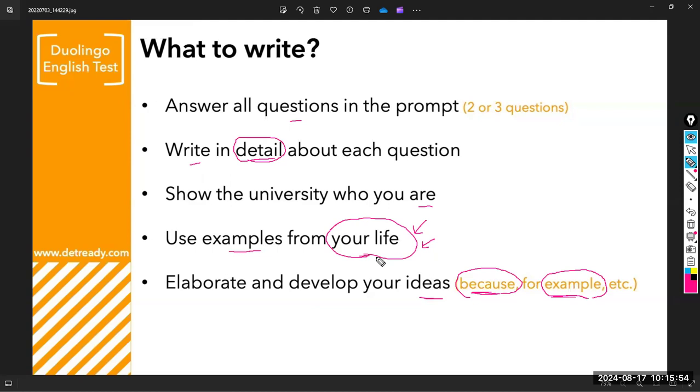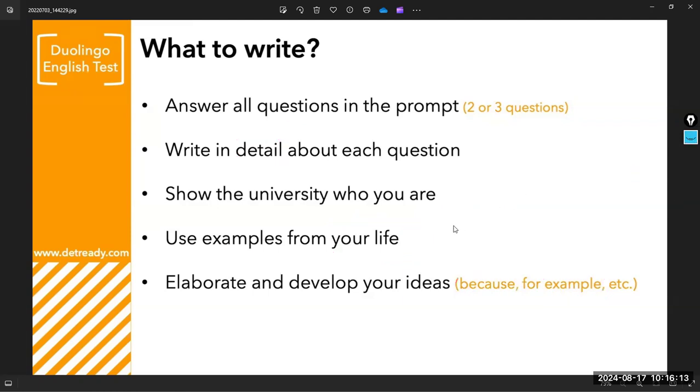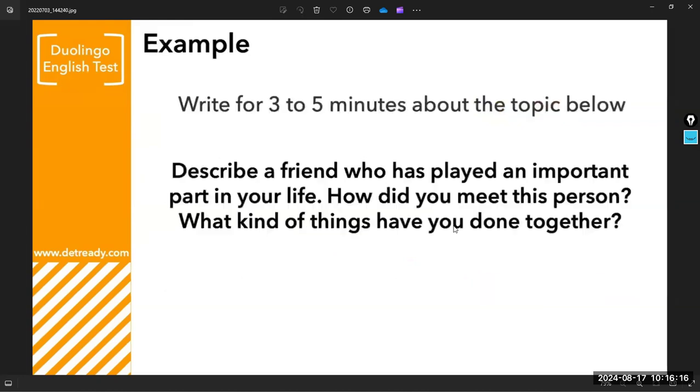So please, this is really important, because if you are writing about something that happened in the past, for example, mention your experience, mention the event that happened to you. So please don't mention an example that happened to someone else or somewhere else or something like that. So please, this is really important. Okay.